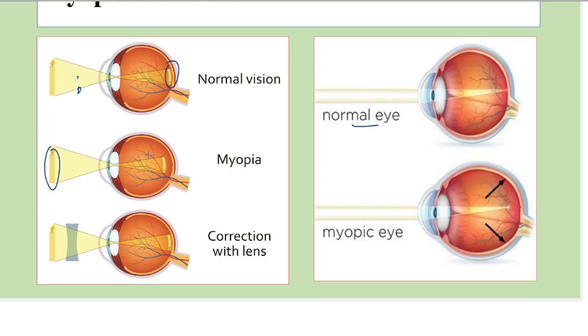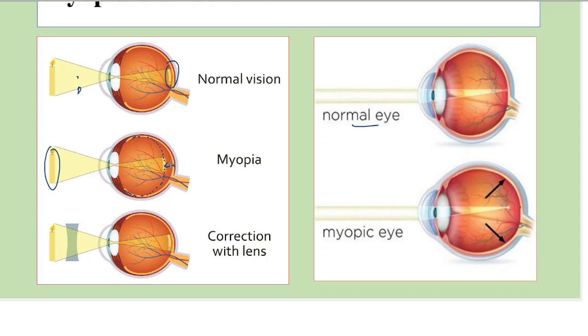You can visualize this as a case where originally this was the size of the eyeball. So the light ray is actually falling on the old position of the retina, but because of the enlargement of the eyeball itself, it appears to fall in front of the retina.